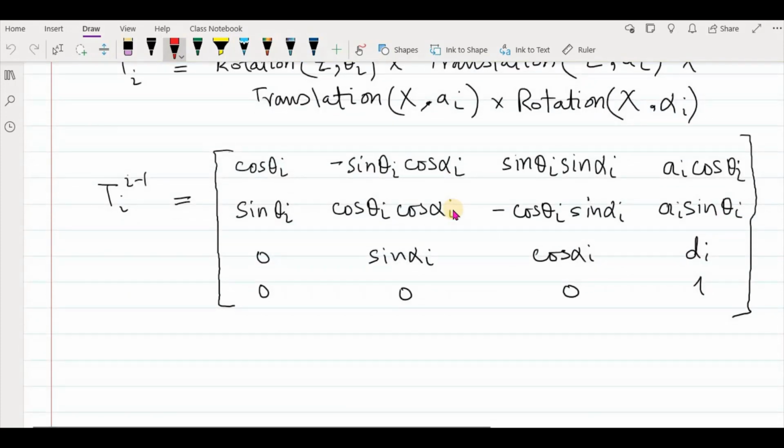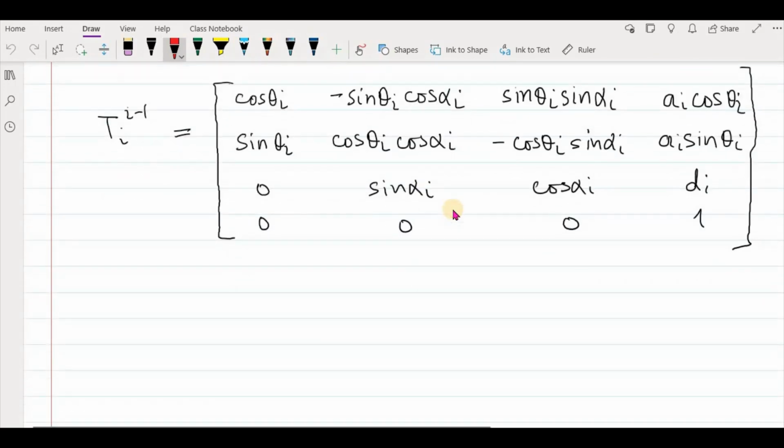So this is how we do a transformation from the next frame to the previous frame. And if you want a transformation for your complete robot having multiple joints and links, then you need to specify the final frame and the base frame, and then multiply them with your individual transformations.